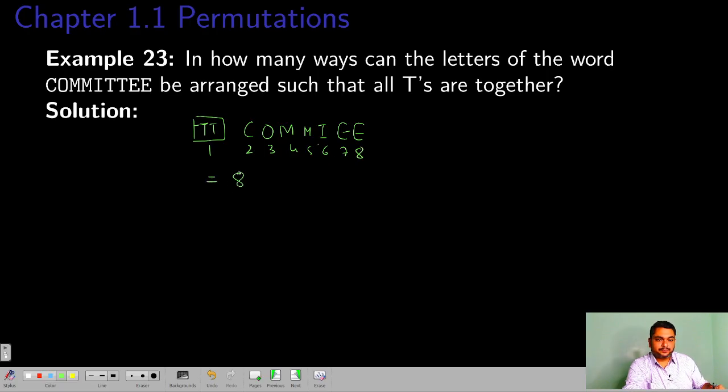So this will be equal to 8 factorial ways divided by, M is repeated and E is repeated, so 2 factorial into 2 factorial, and then the T's can be arranged in 2 factorial ways, divided by 2 because they are indistinguishable. So this will come to 10080.